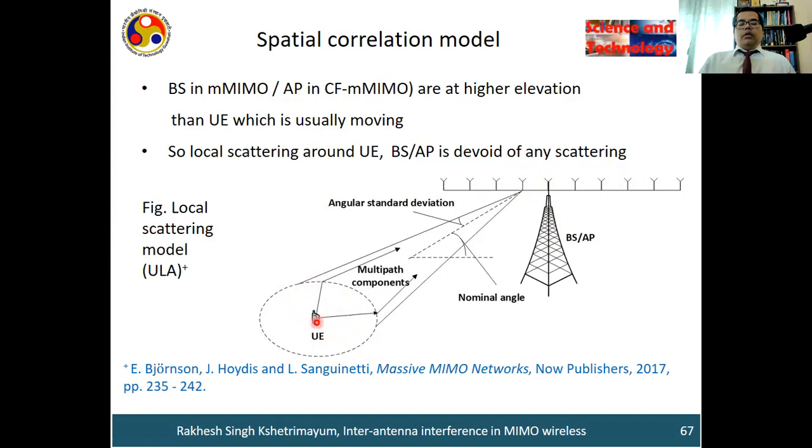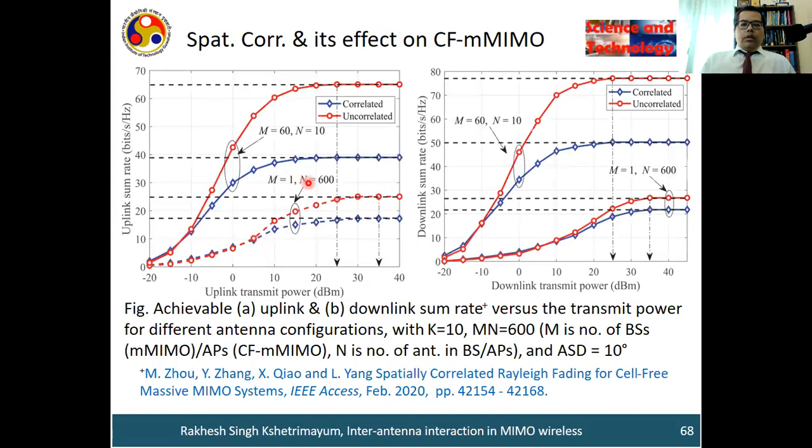So if you assume that this mobile user is sending signal to the base station, and all the signals which have gone through reflection, refraction, all the multipaths from this user are confined in one area, this area here, we define this angle as the center angle, the nominal angle, and this angle as the angular standard deviation. We can come up with one local scattering model, and using that model, we can actually find out the capacity for the MIMO system. And with this local scattering, which is called the correlated case, another is called uncorrelated, without local scattering. So in the practical scenario, there will always be correlation.